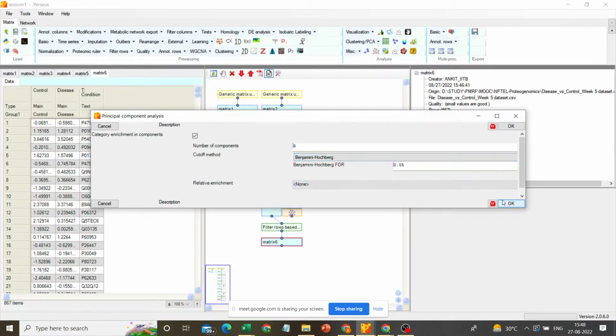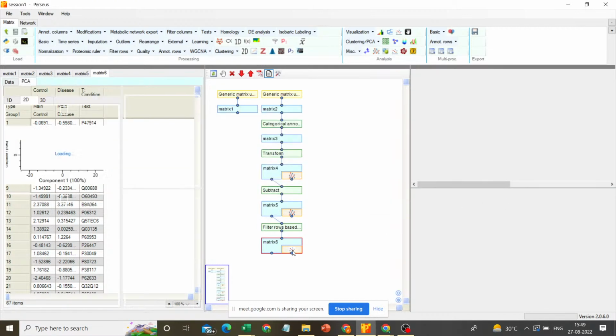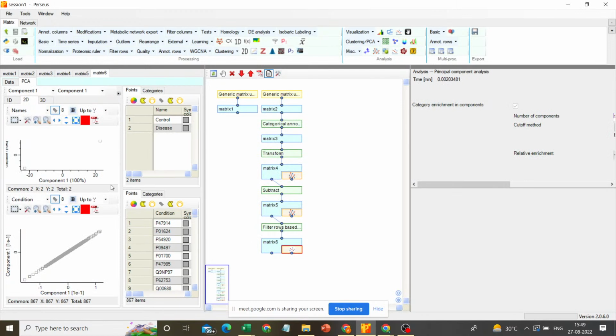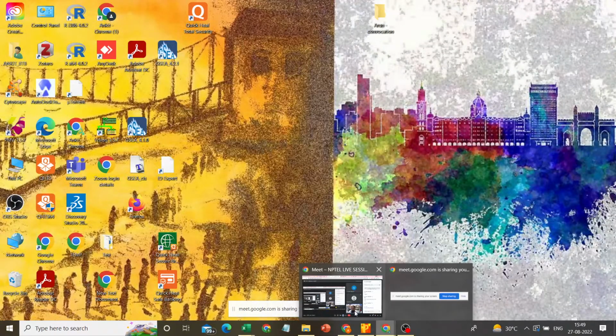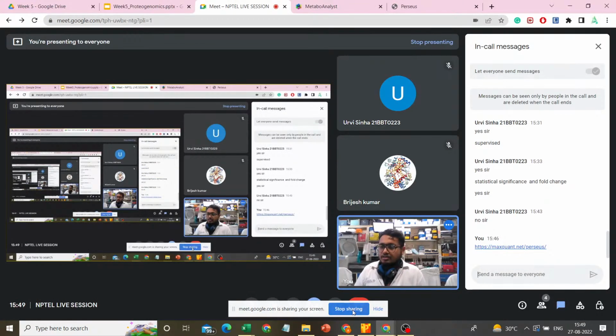So you can see the difference in component 1 and component 2. This is another software which is generally used to perform the same things that were done in MetaboAnalyst.